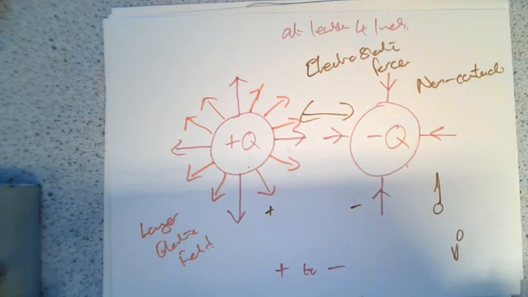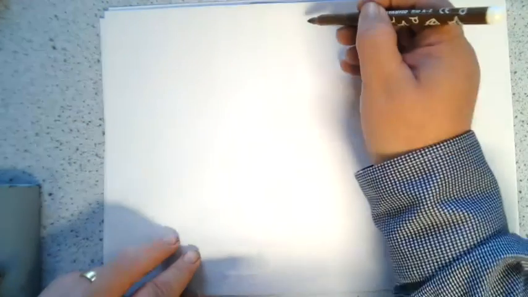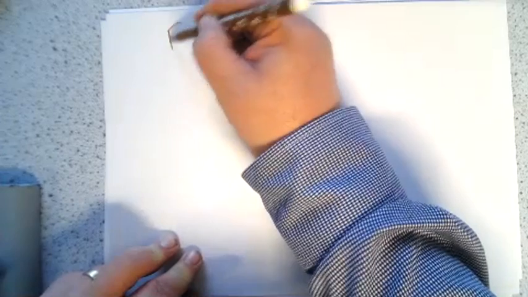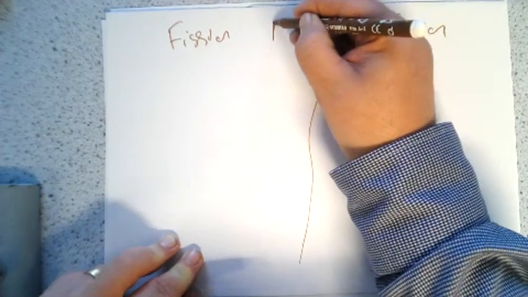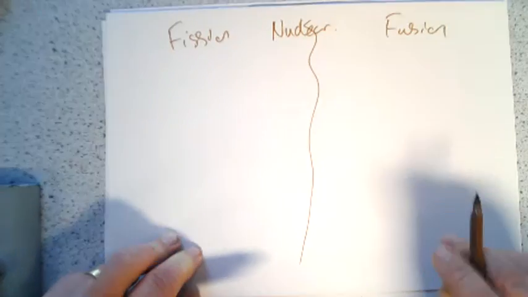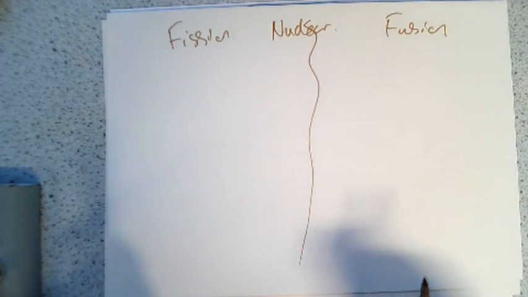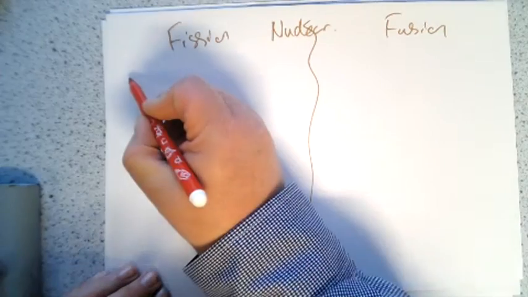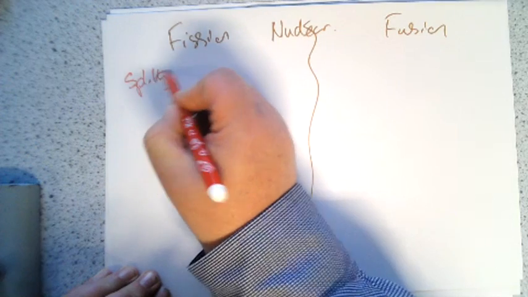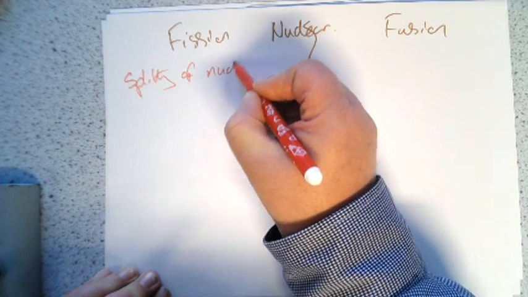Okay. Now, if we go to the spec on atomic structure and radioactivity, we need to know about fission and fusion. And these are both nuclear. So we need to know about nuclear fission and fusion. When we're talking about fission, we're talking about the splitting of nuclei.